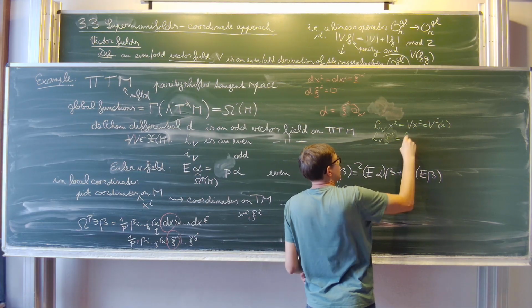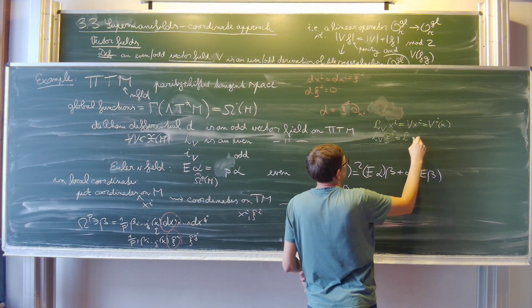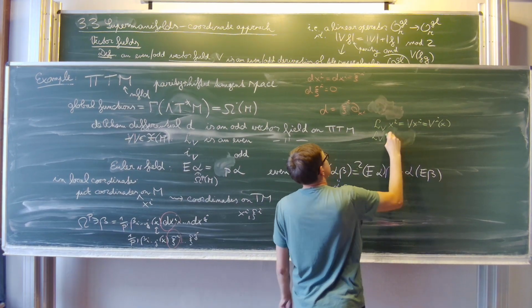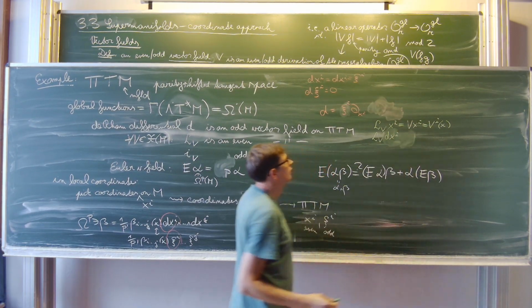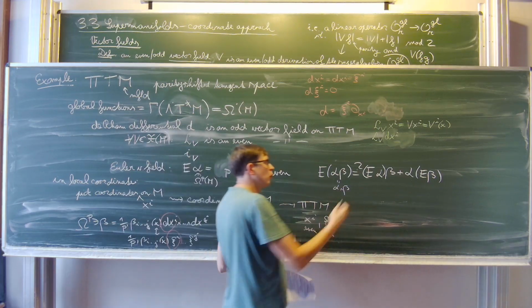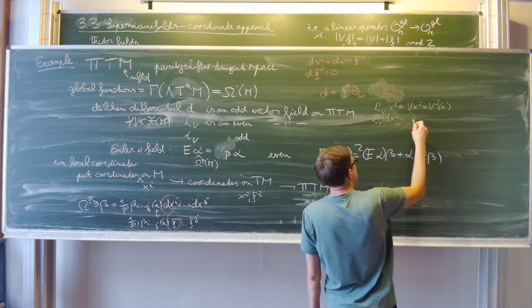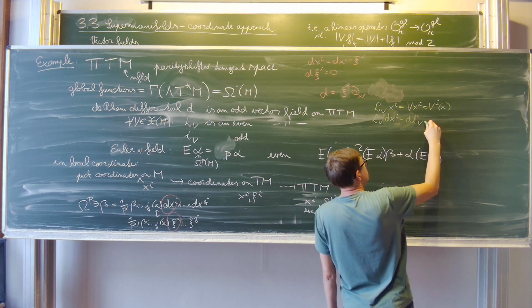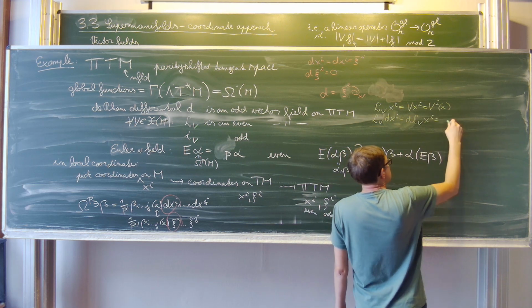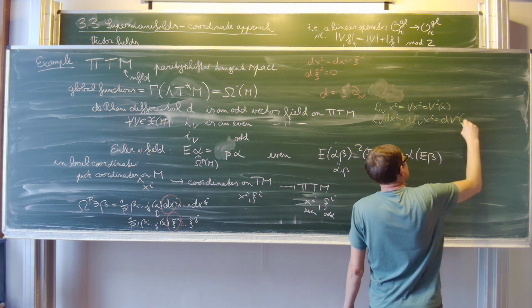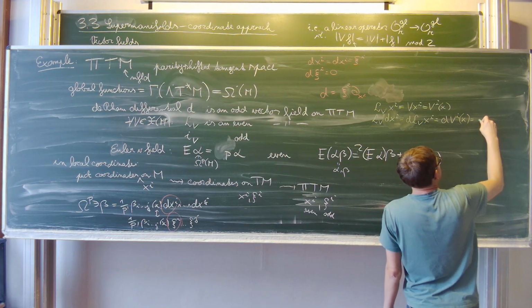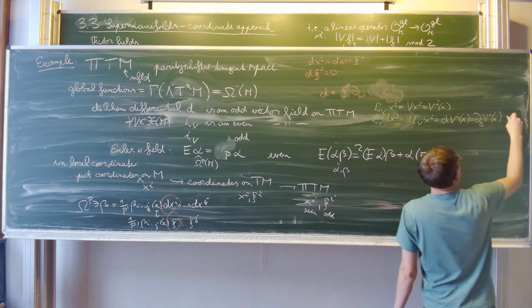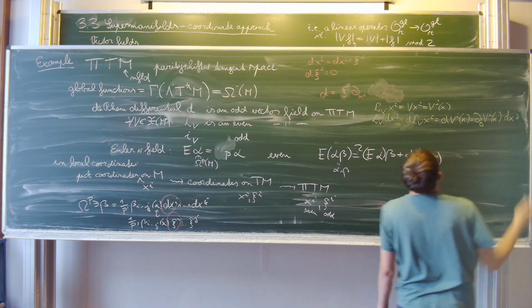Okay, let's write it like this. You know that d commutes with the Lie derivative. So this is just the Lie derivative followed by d. It's the same as above, but with the extra d. And this means that this is partial_j v^i of x followed by dx^a.